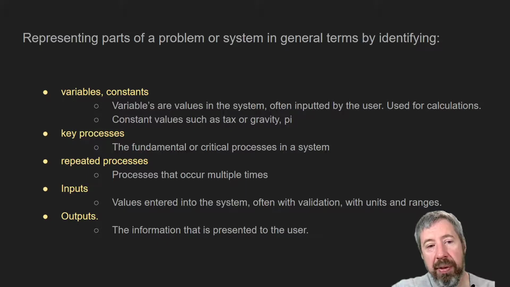So once you've got the variables and constants, you need to think about the key processes that will happen in that system. That's absolutely fundamental. So if it's this car game, then it might need to calculate the force of the car on the road. It might need to know its speed, velocity, direction, and lots of features like that.